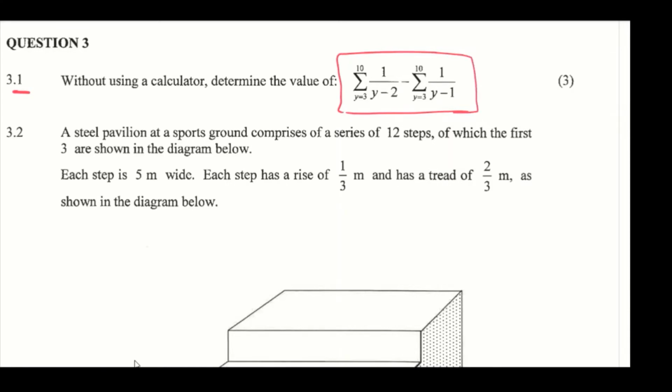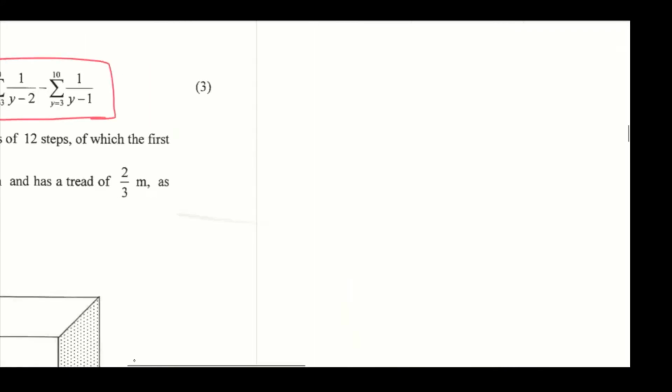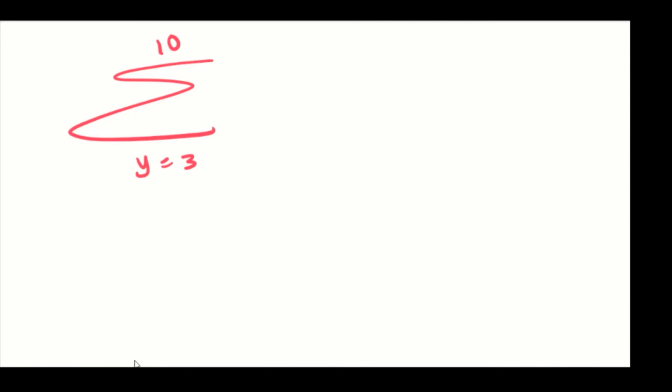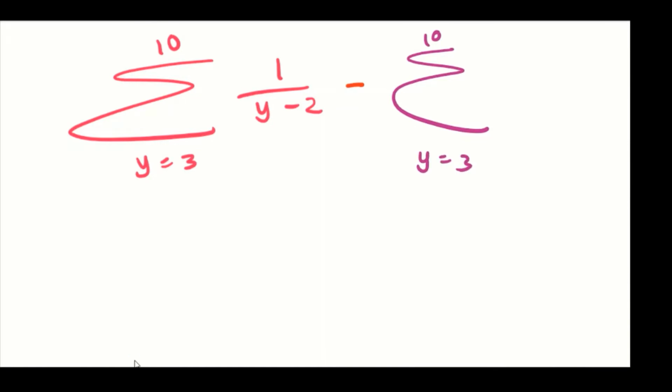We have the sum from y equals 3 to 10 of 1 over y minus 2, minus the sum from y equals 3 to 10 of 1 over y minus 1.